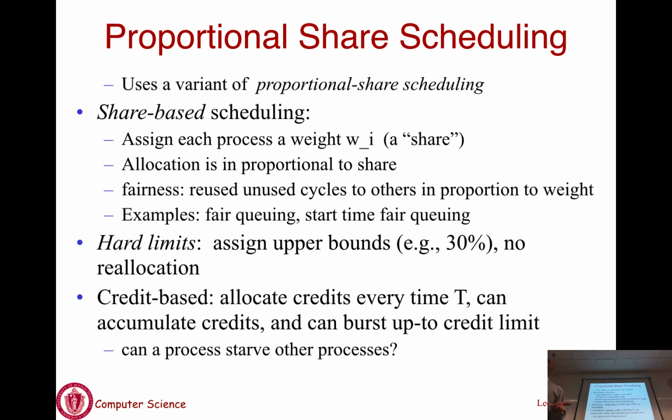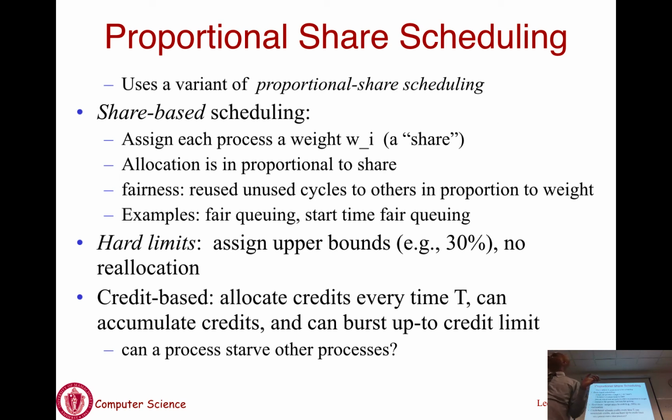You can never use more than the amount of tokens you have. So let's say one token gives you 1 millisecond of CPU time. If you have 10 tokens, you can get at most 10 milliseconds of CPU time, and if you spend it all, then you have to wait for new tokens to be given, and tokens can be given at some steady rate. That's just the token generation rate. So these are called credit-based schedulers.